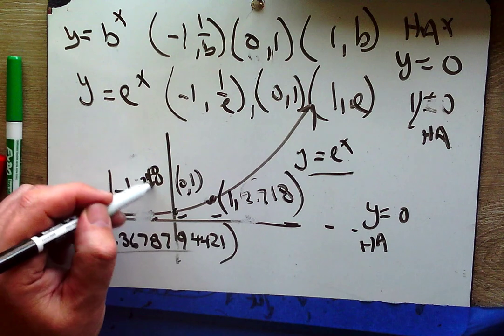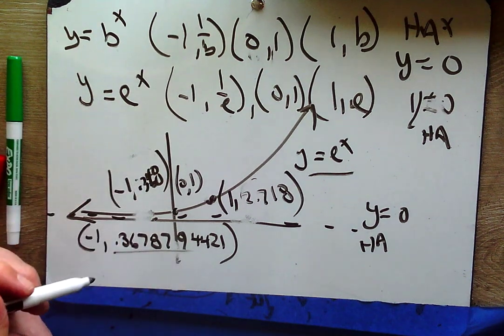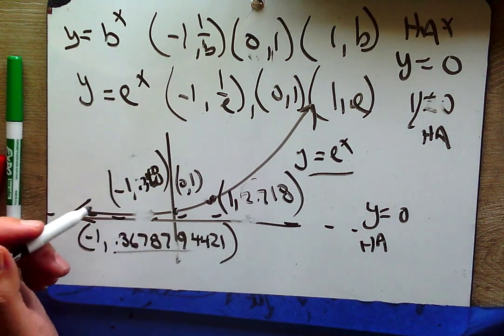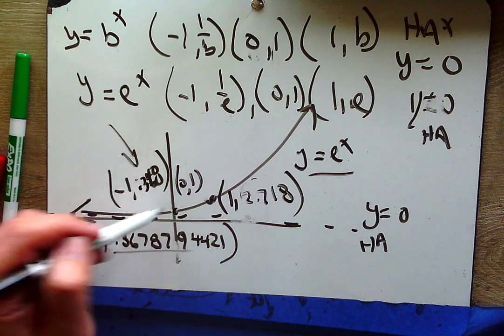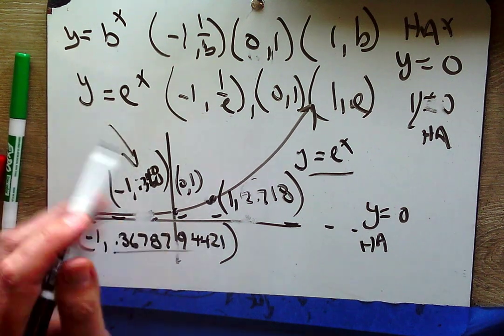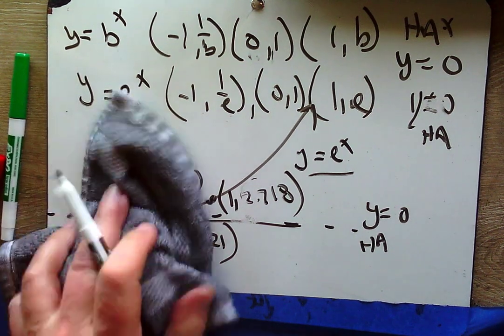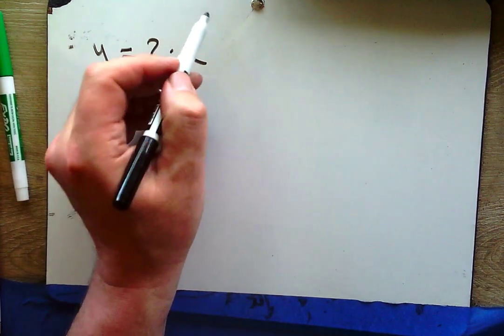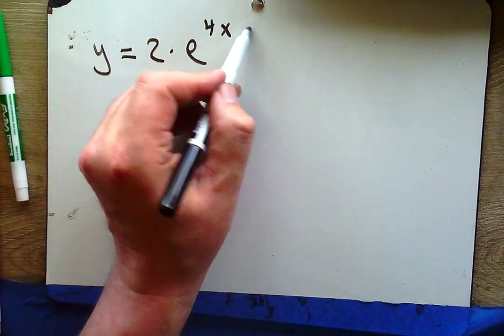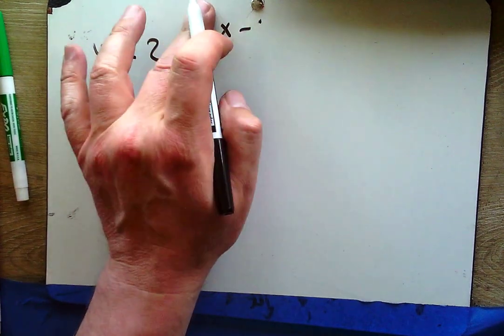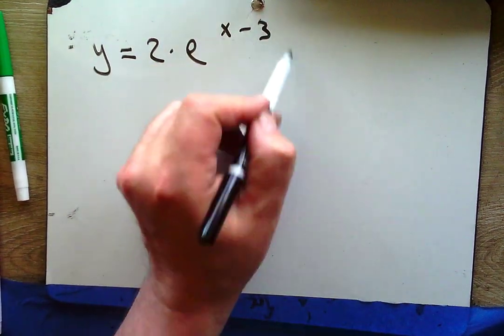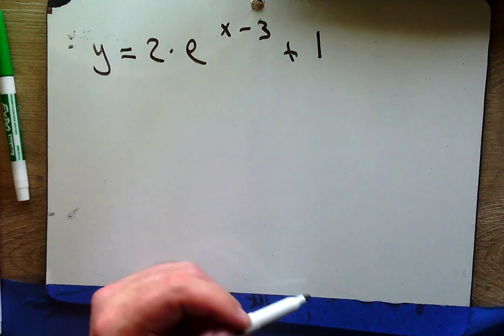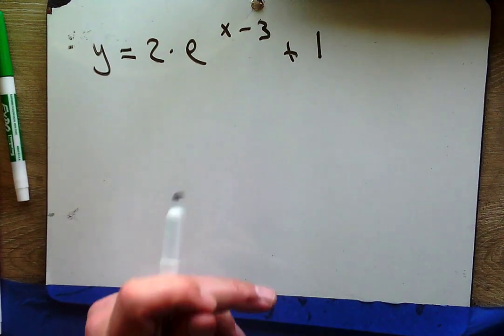Nice. So I don't particularly care if you graph with decimal approximation or you graph with the actual value e. What I would like you to do is please graph this for me. Okay, please graph that one.